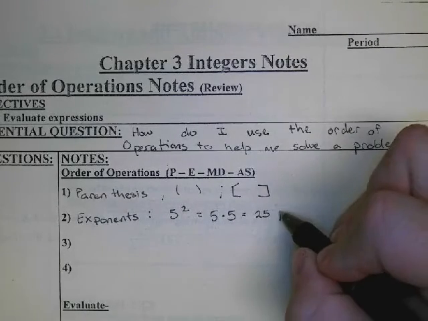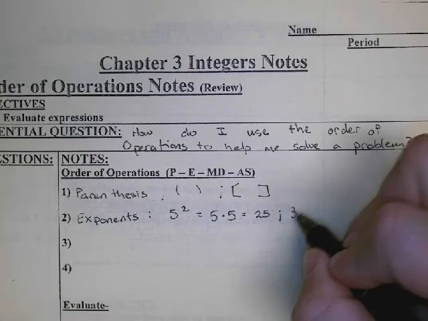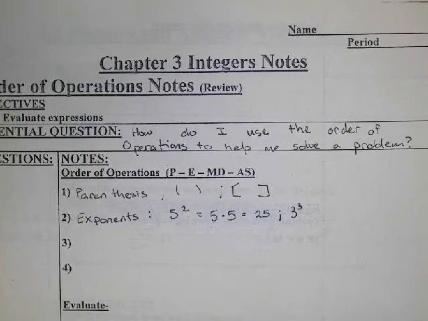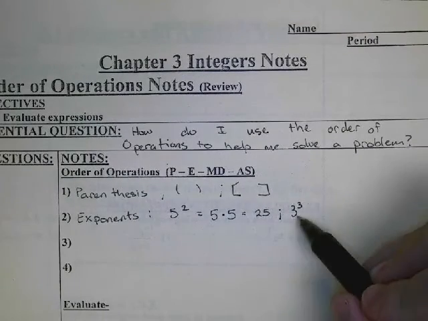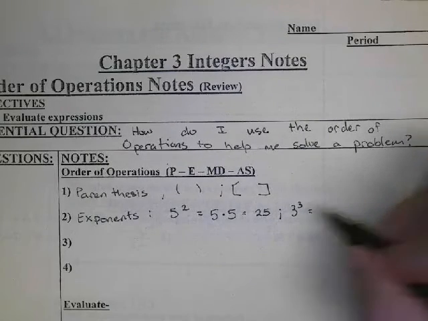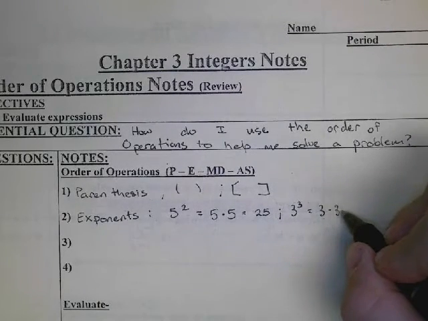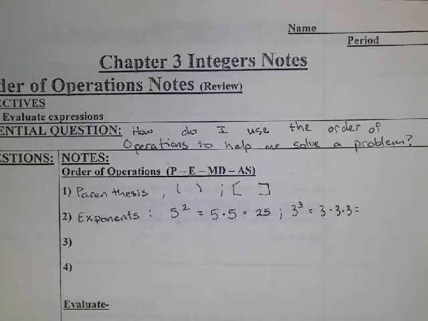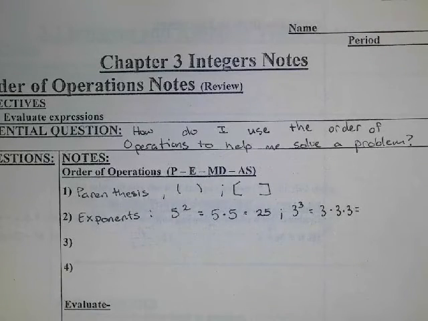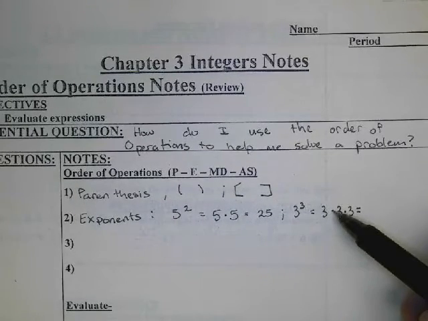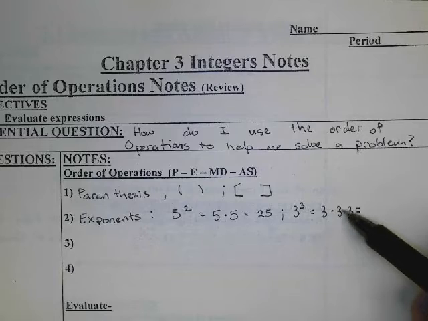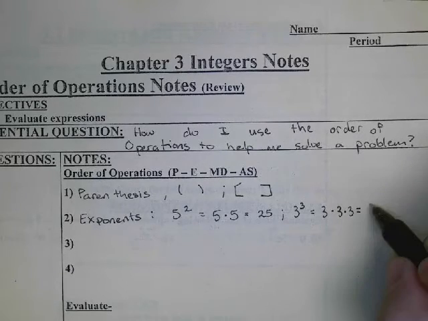Maybe another example would be, say, 3 cubed. So how many 3's will we multiply together? We'll multiply 3 3's together. So we'll have 3 times 3 times 3. And if we multiply these together, 3 times 3 is 9, and then 9 times 3 is 27.